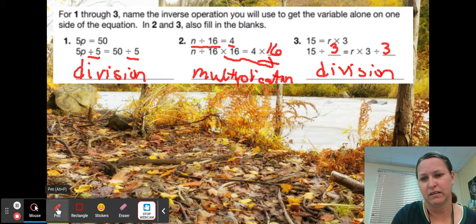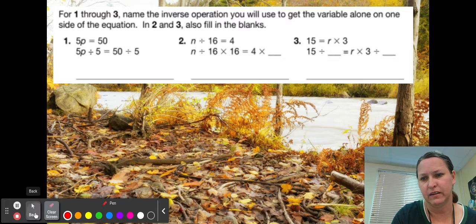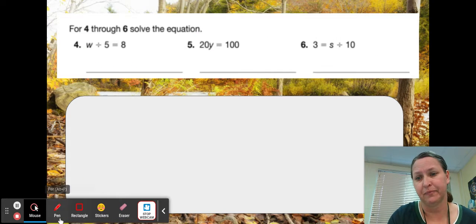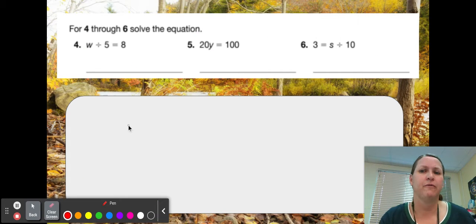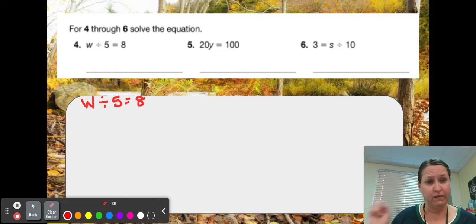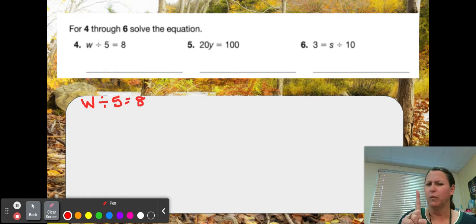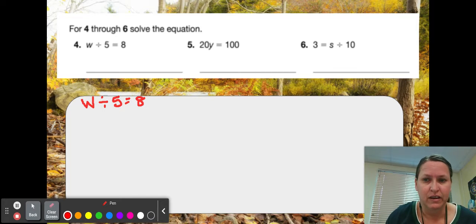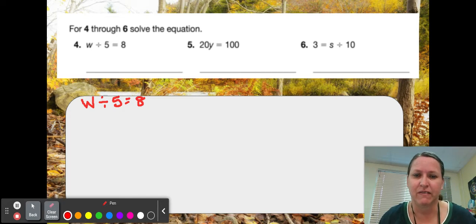Now, let's go to the next slide. For 4 through 6, you have to solve the equations. So for number 4, I'm going to solve it. w divided by 5 equals 8. What is my variable? My variable is w. What are they doing to the variable? They're dividing by 5. So how do I do the opposite of dividing by 5?